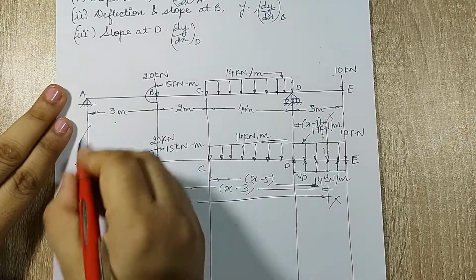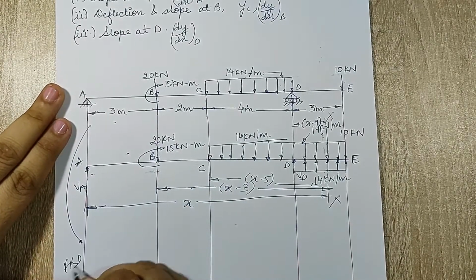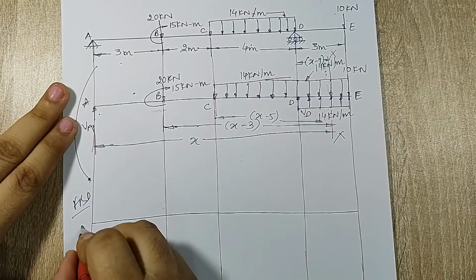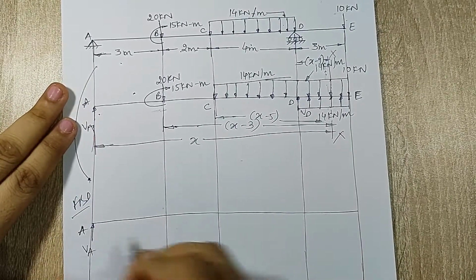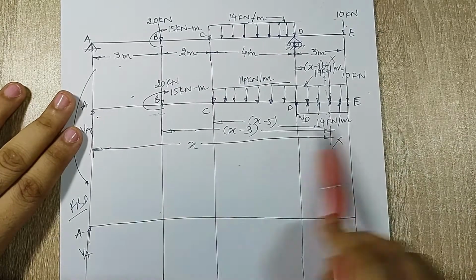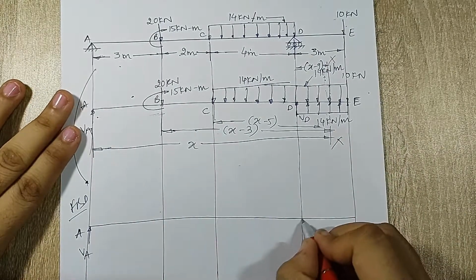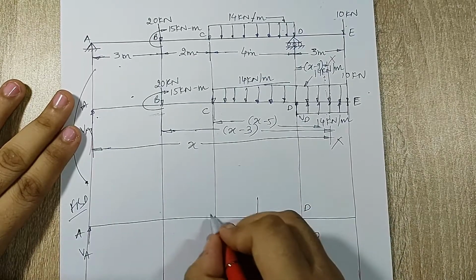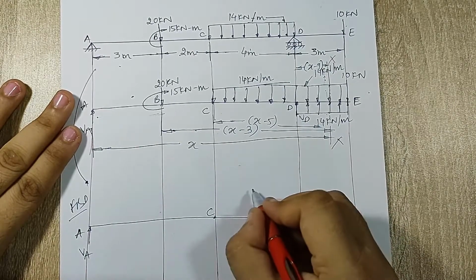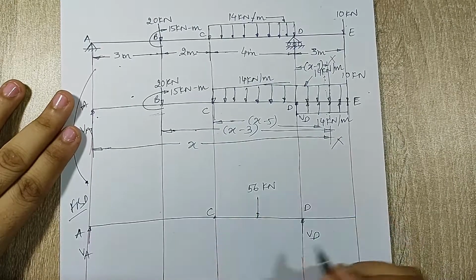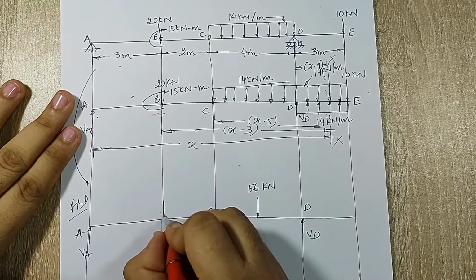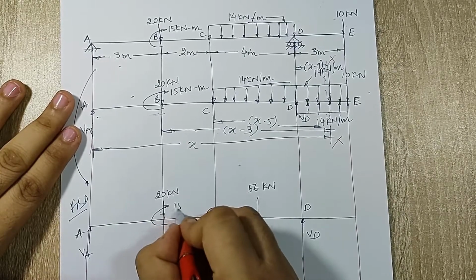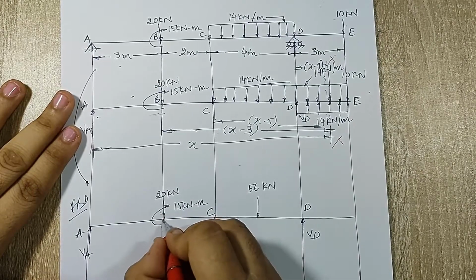Now I can just draw an FBD for this diagram, something like this. The FBD will only be used to calculate the support reactions. I am not going to use this diagram for anything other than calculating the support reactions. This is my point D. Since there is a UDL between C and D, I will convert it to 56 kilonewton, and at point B there will be 20 kilonewton and 15 kilonewton meter.